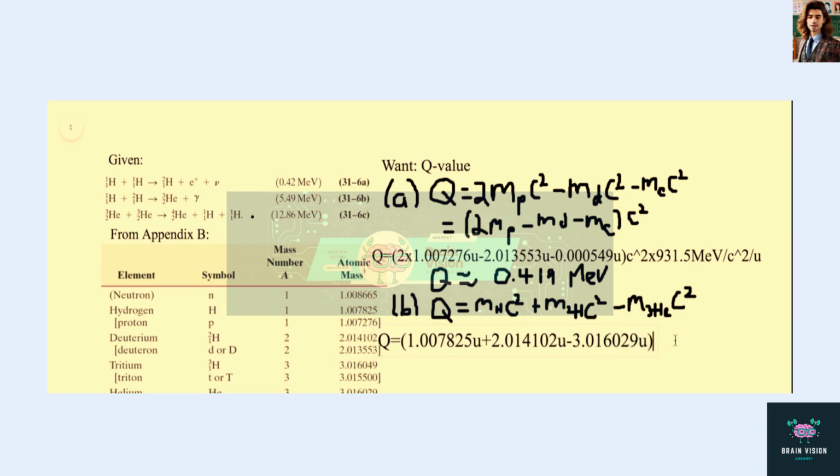We'll multiply all of this by c squared, and again by our conversion factor to get mega electron volts. And again, we can put this into our calculator and obtain a Q similar to 5.49, or essentially 5.49.